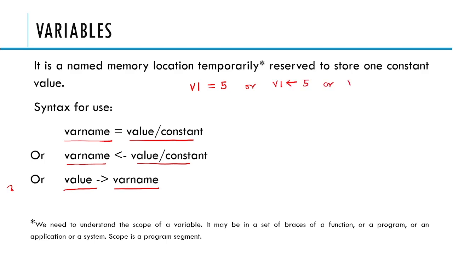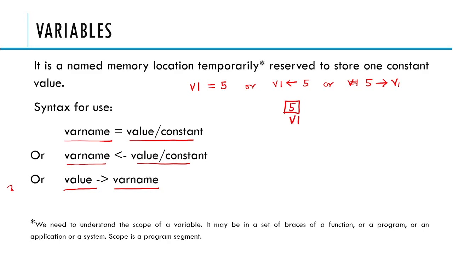Or I can write 5 then right arrow v1. That means in case of this right arrow, you have to first write the value, then the variable name. Okay. In all these cases, what will happen in the memory location: there will be a place reserved under the name V1 and 5 will be stored there.